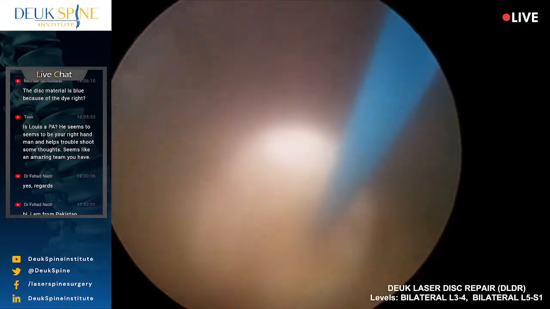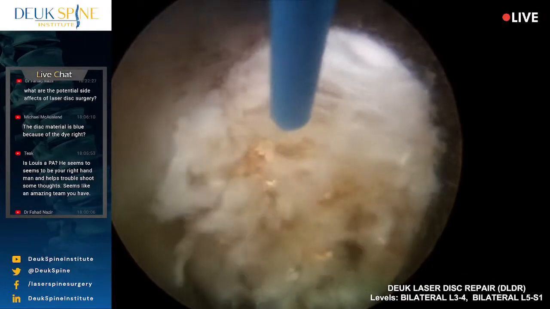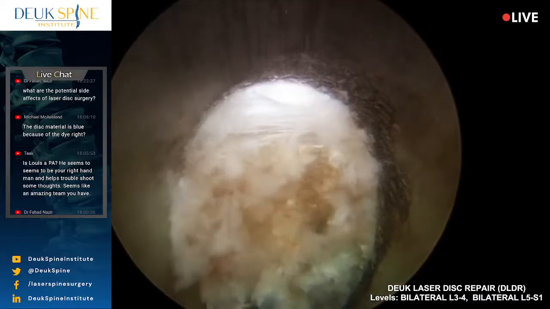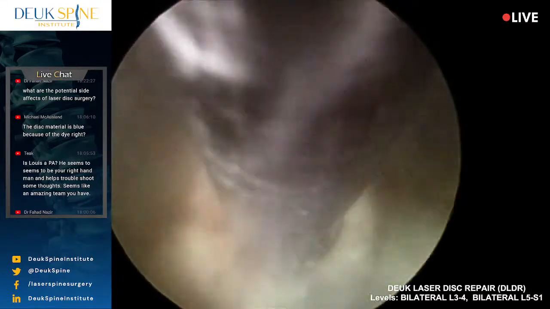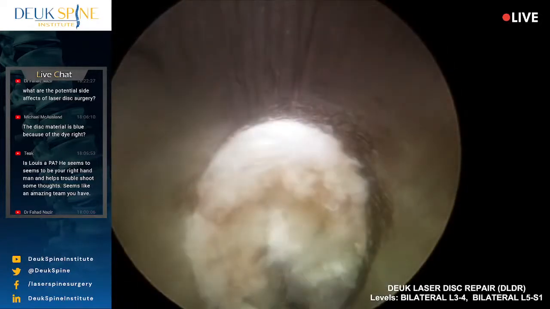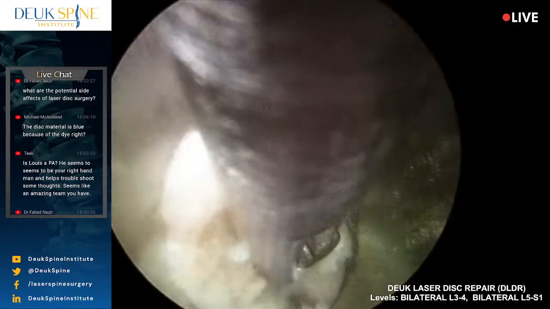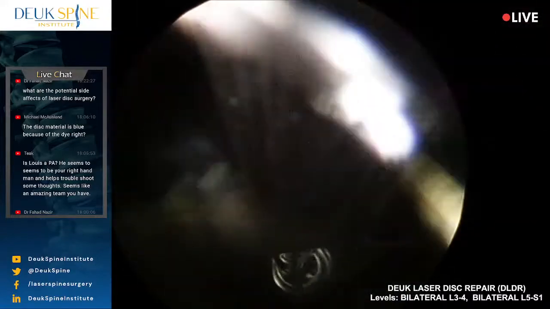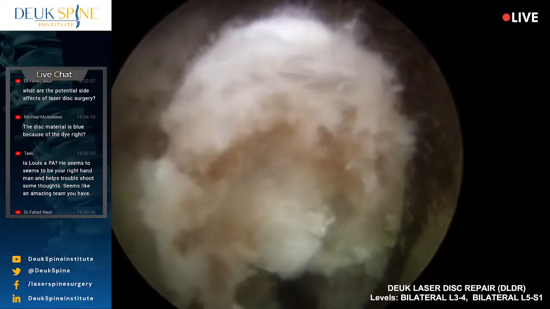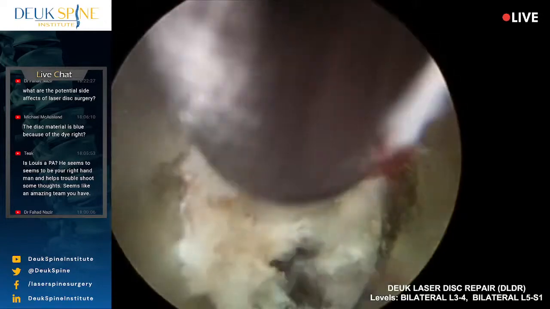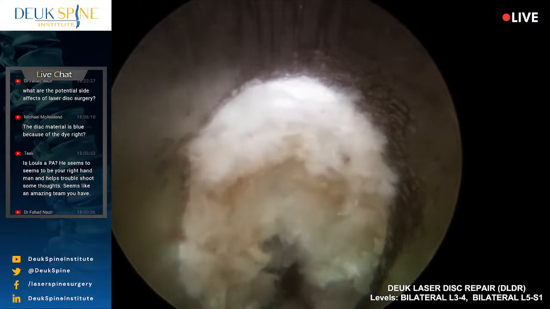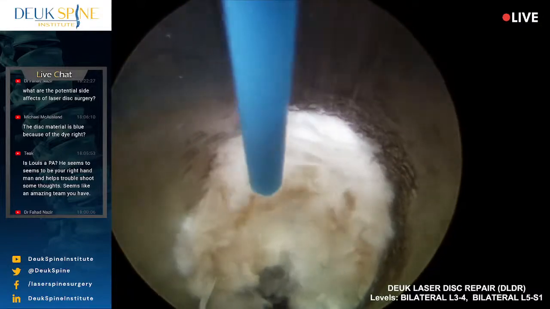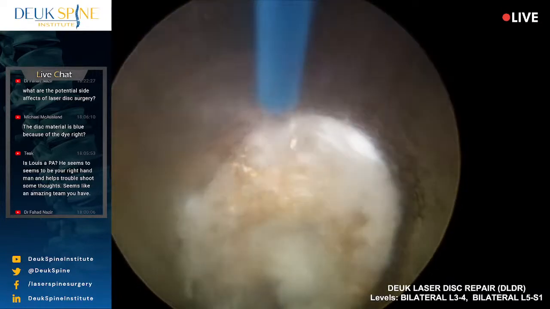Patient is not under general anesthesia. Extremely scarred up.